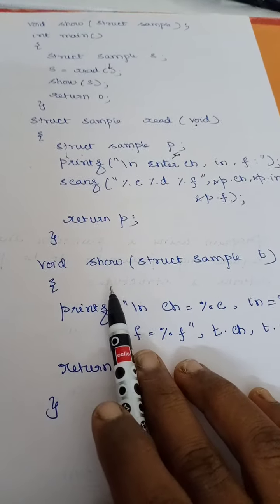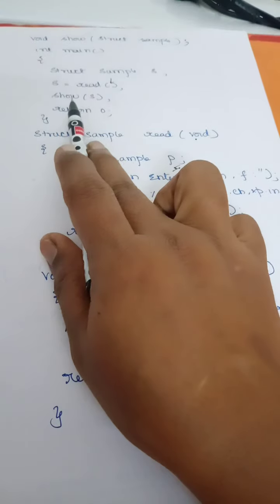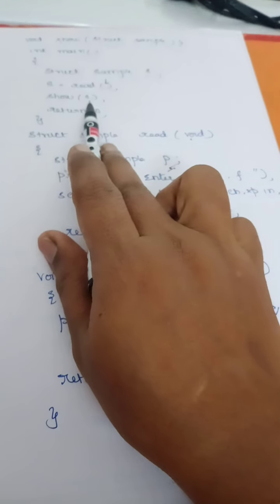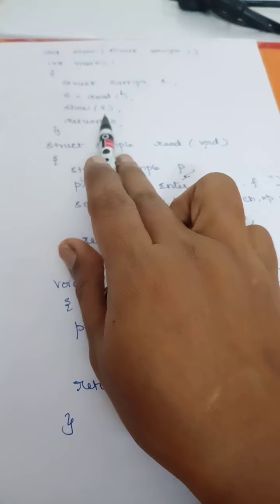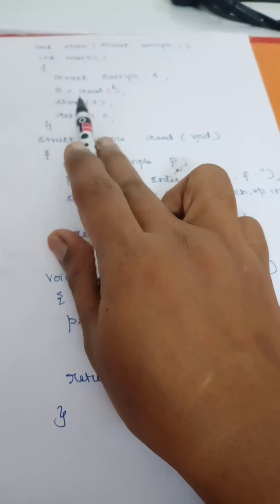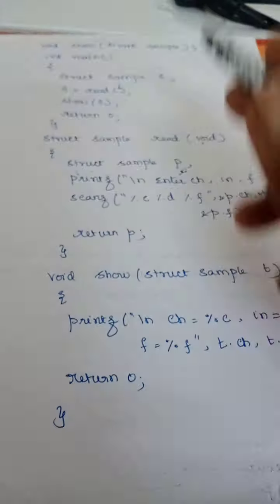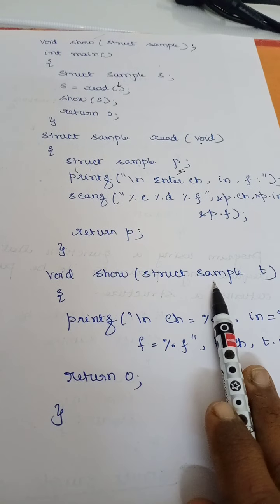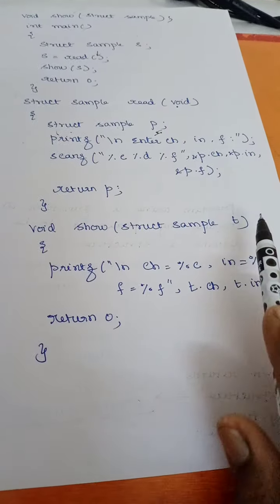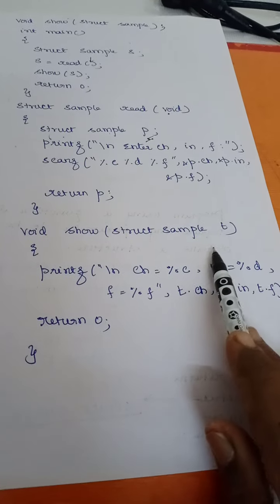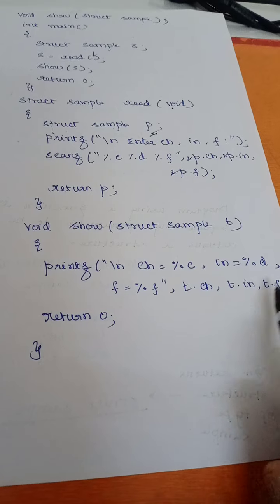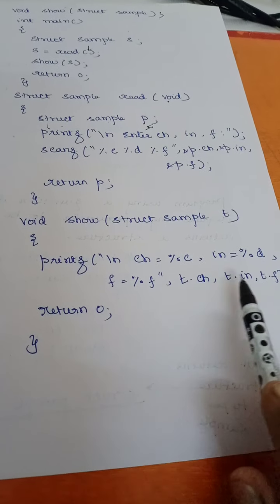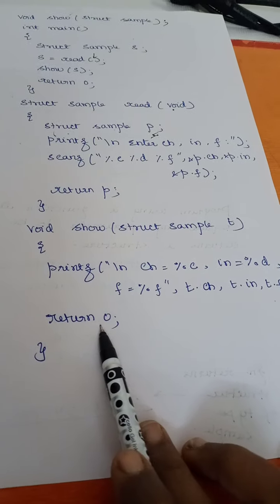Next I have show. Again I am calling show of s. So show of s means here I am passing the structure, and show is not going to return any value. So void show, here I am passing the structure variable. With this, s will be copied to t. And with this t, I am printing all the member variables that are available. Return 0.